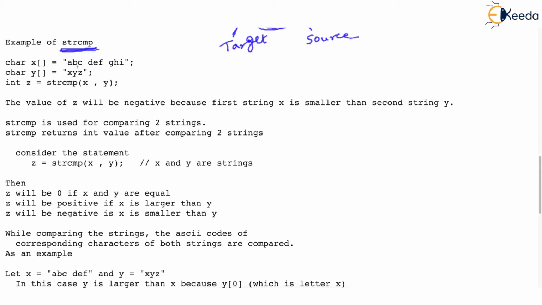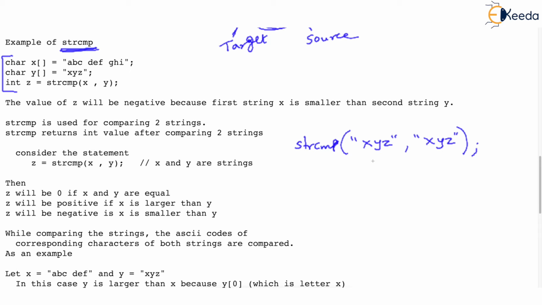Okay, instead of seeing this example straight away, let me write an easier example. Just imagine I have written strcmp, that is, I am comparing strings. The two strings I am comparing, I am directly giving the strings, which is allowed. This is the first string and this is the second string.